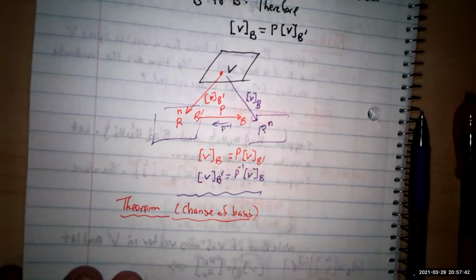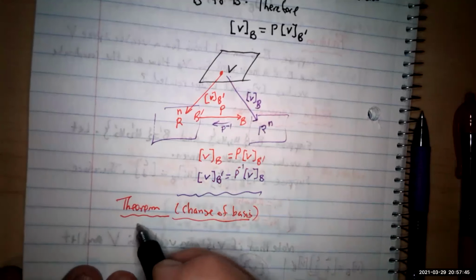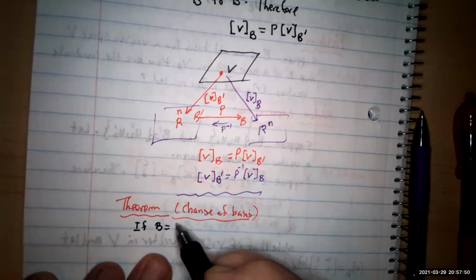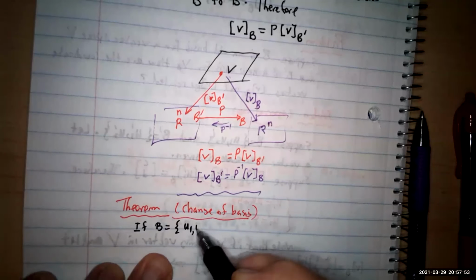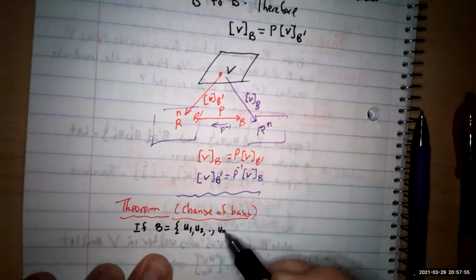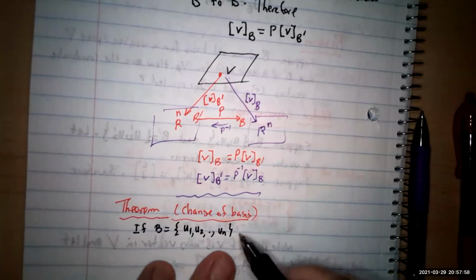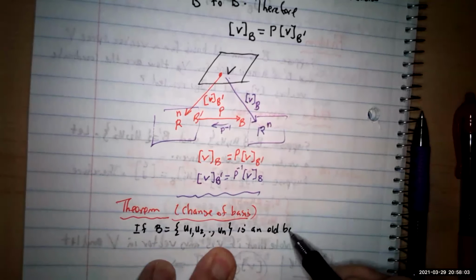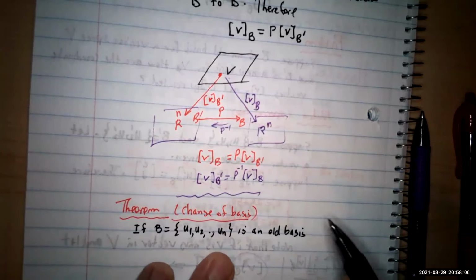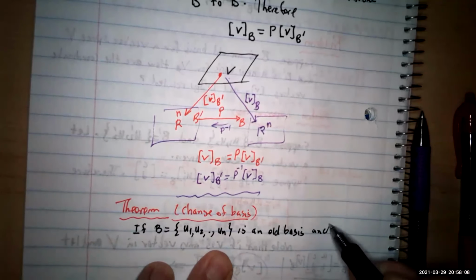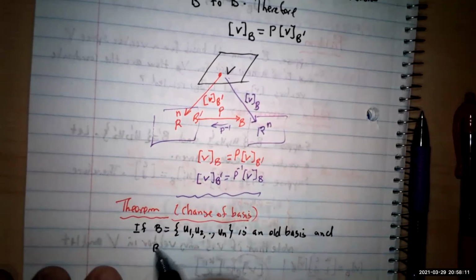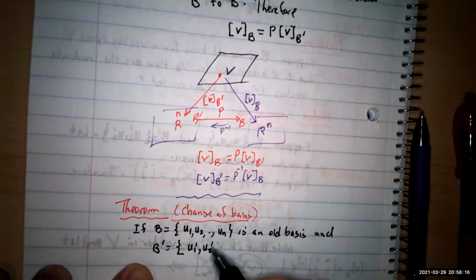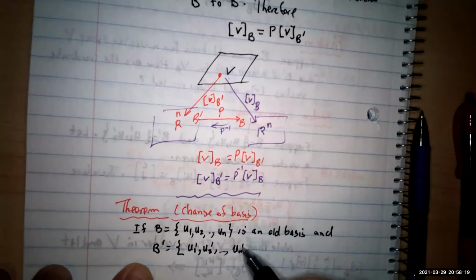Now officially we give you everything you need. There you are. We start with two bases. If B is equal to U1, U2, up to the UN, okay, it is an old basis, a given one. We just call them old and new just to understand. And B prime, a new one, U1 prime, U2 prime, up to the UN prime.